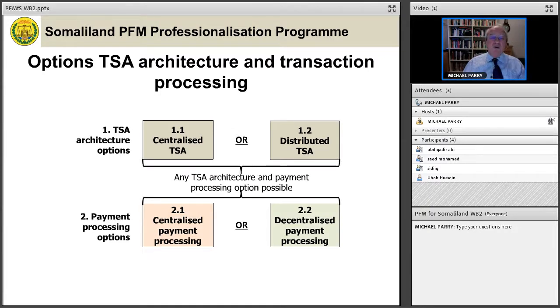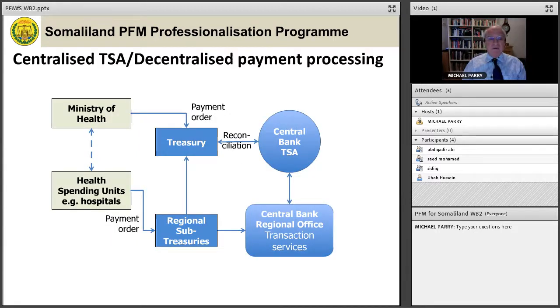And you can get any combination of those architectures and those payment processing methods, and there are grey areas between the two extremes that we put up in this diagram. Just look at a couple of examples. I've simplified the diagrams that are in your workbooks to make this clearer, I hope.